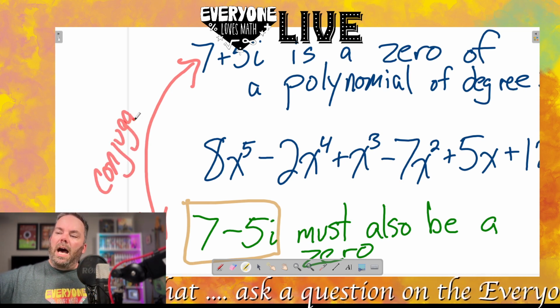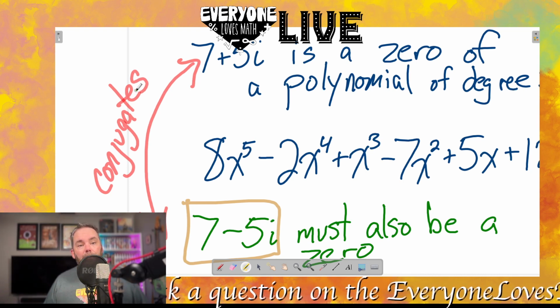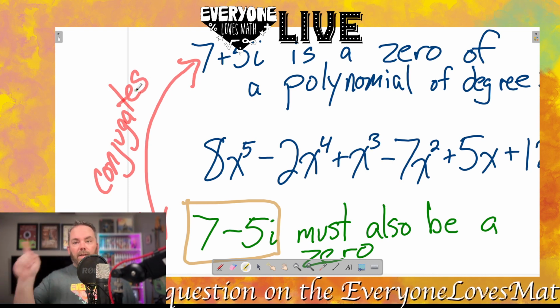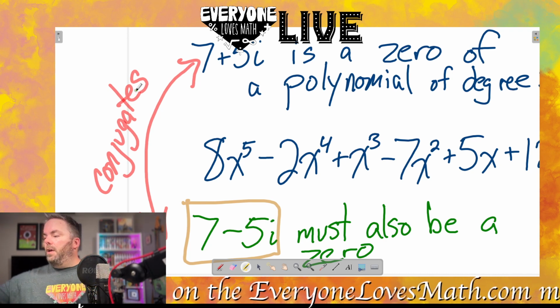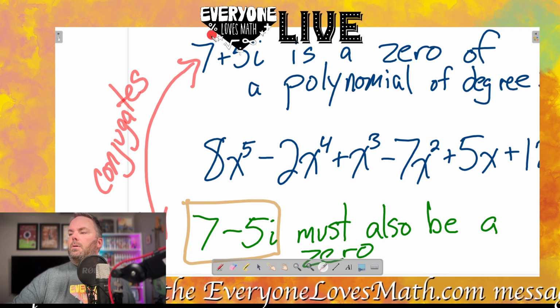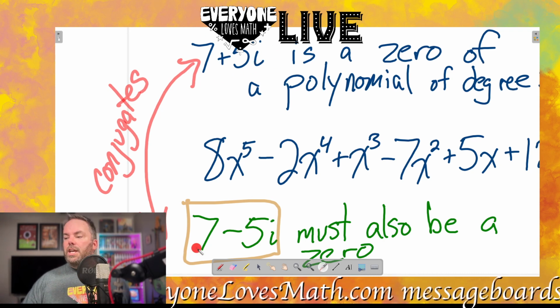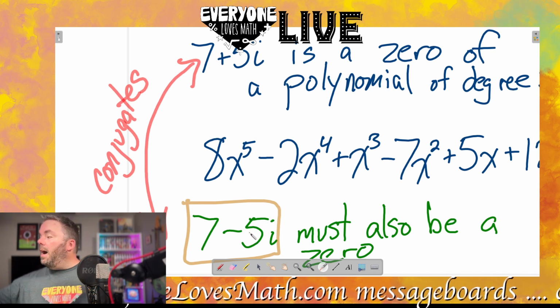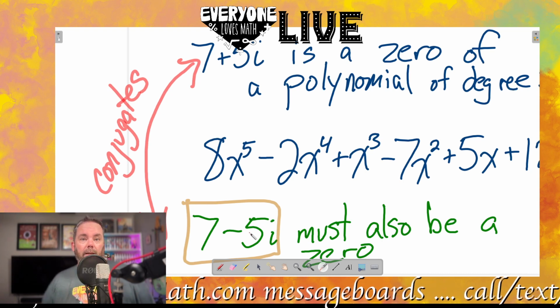So the reason why we're talking about conjugates for the last 3 problems, and the reason why I broke this down a little bit, is that this is the power of conjugates. So here's what you need to know. If you have some ugly 0 in a polynomial, then its conjugate must also be a 0. Because when you multiply conjugates, you end up with something pretty.